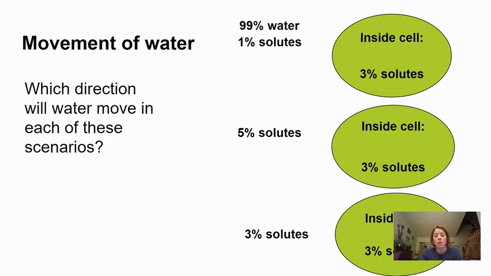In the first scenario, you should have gotten 99% water, 1% solute, 97 to 3. That means there's more water and fewer solutes on the outside than on the inside. So we're going to get that water moving to the inside to try to give some space to those solutes. For the second scenario, you should have gotten 95 and 97 again. And what that should tell you is that there is a greater amount of solute to water ratio on the inside.